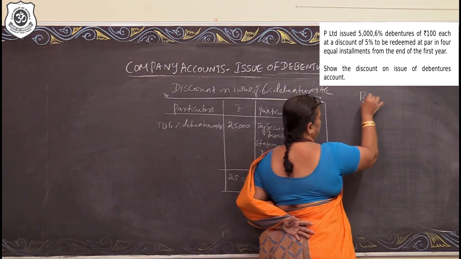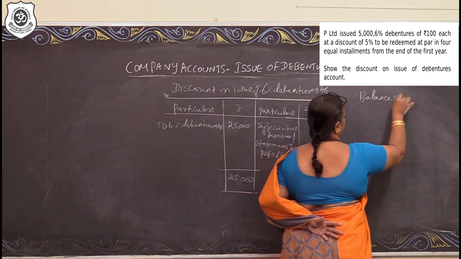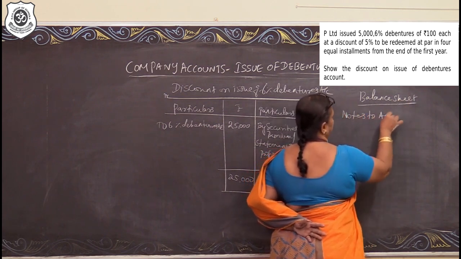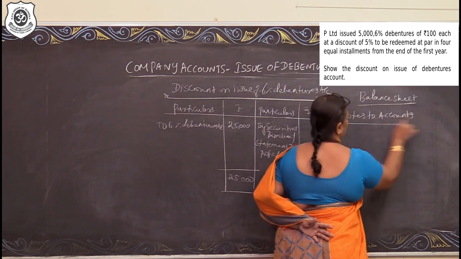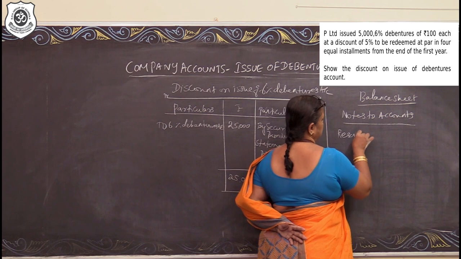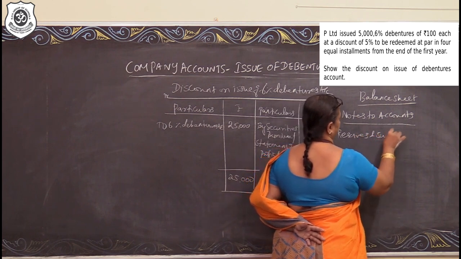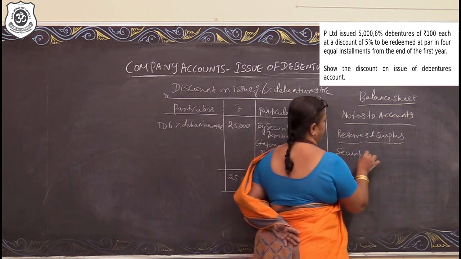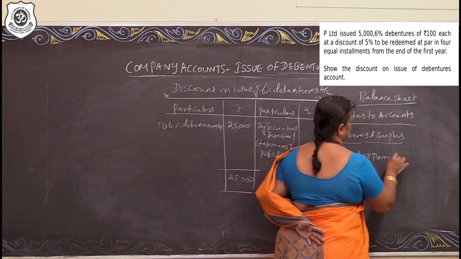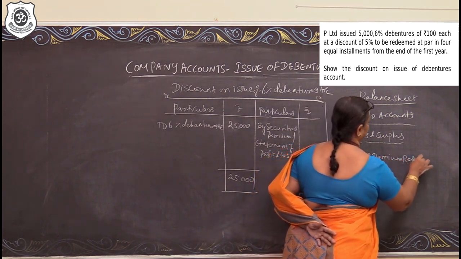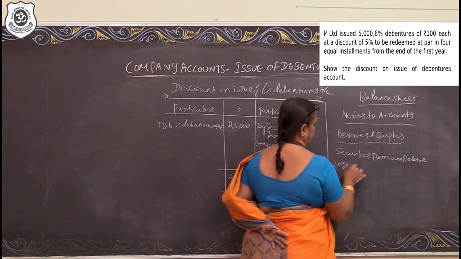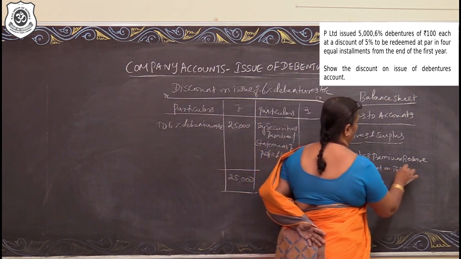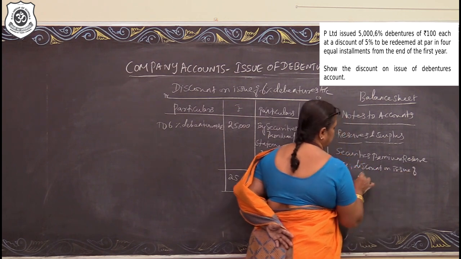And in the balance sheet, in notes to accounts, only in notes to accounts, reserves and surplus, in that securities premium reserve, less discount on issue of 6% debentures.